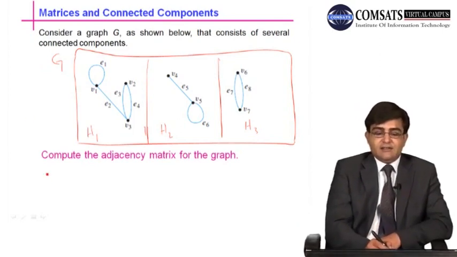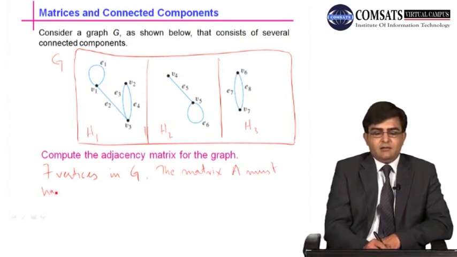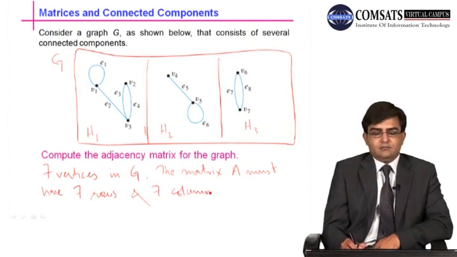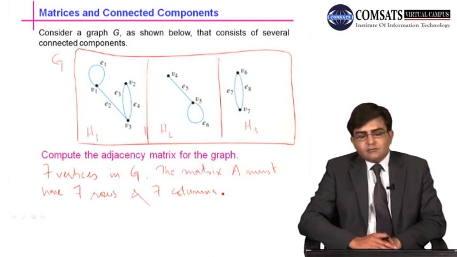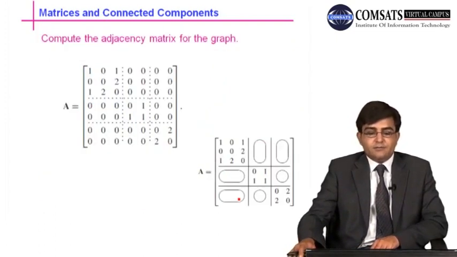So there are 7 vertices here in G. So the adjacency matrix, the matrix A, must have 7 rows and 7 columns. So it should be a 7 by 7 matrix. The size of this matrix should be 7 rows and 7 columns, like this.